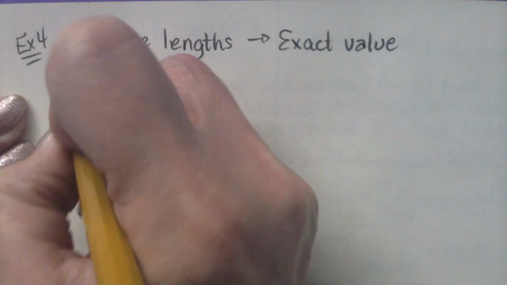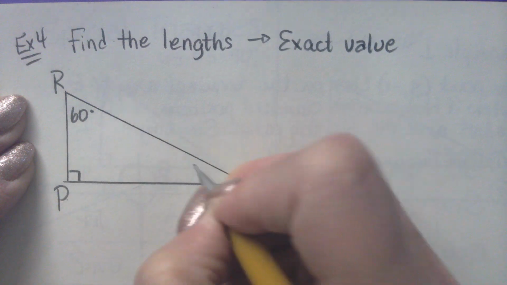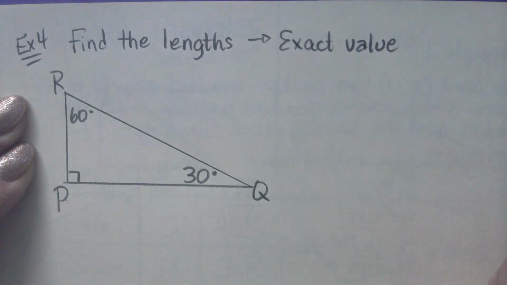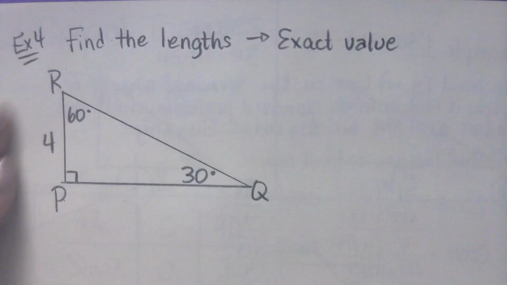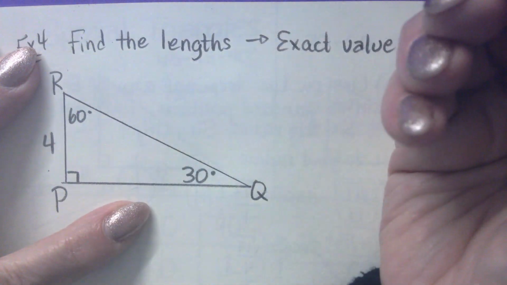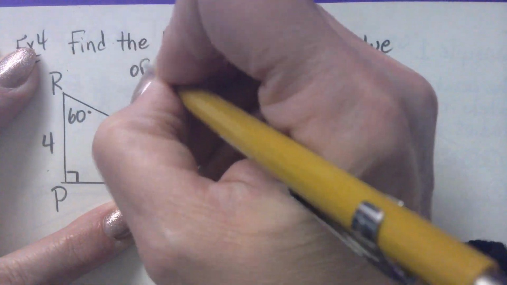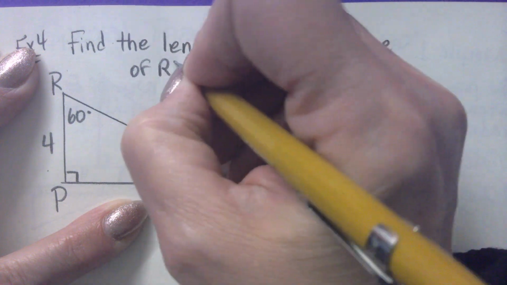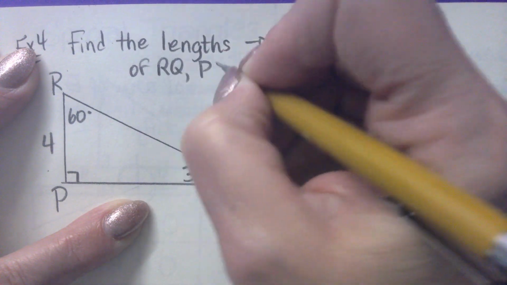It tells me that this angle up here is 60 degrees. There's my 90 and my 30 degrees there. Okay. And they only tell me that this side is 4. And they ask me to find the lengths of RQ and PQ.